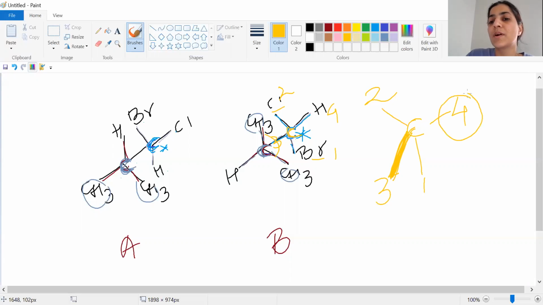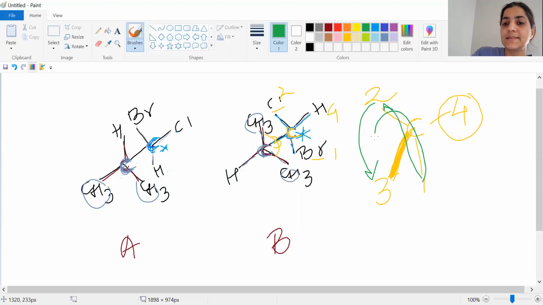My number 4 is at the back. Number 1 goes to 2, goes to 3. And so what is the orientation of my molecule at this point? I would say this is anti-clockwise according to 1, 2, 3.